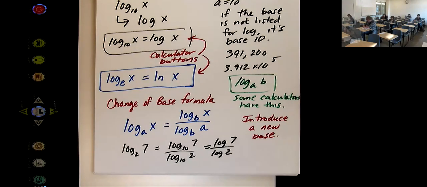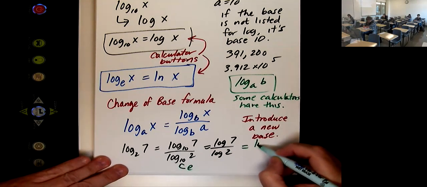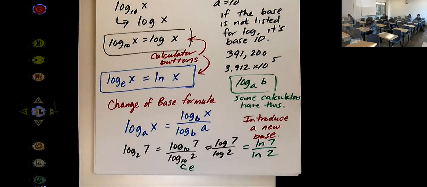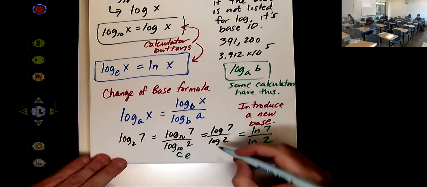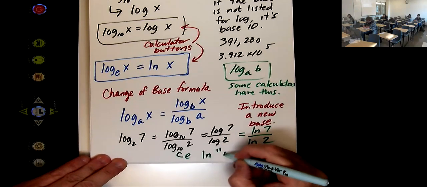Alternatively, I could use e here for each of these, and I could have ln of 7 over ln of 2. ln stands for natural log.